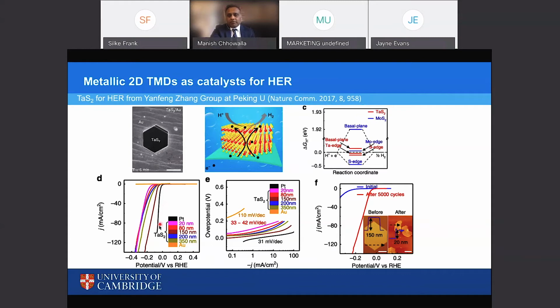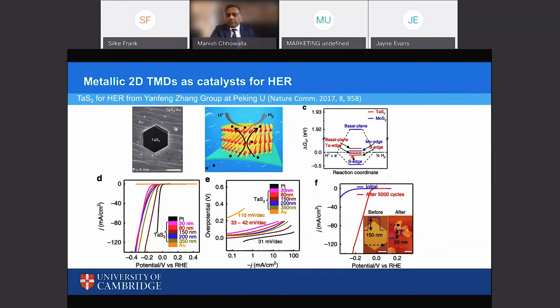This black curve is the reference curve for platinum. And you can see that the overpotential is very close to that of platinum. Furthermore, they find that the Tafel slopes of these tantalum disulfide catalysts are comparable to platinum. So the reaction kinetics in these metallic TMDs is very close to that of platinum.